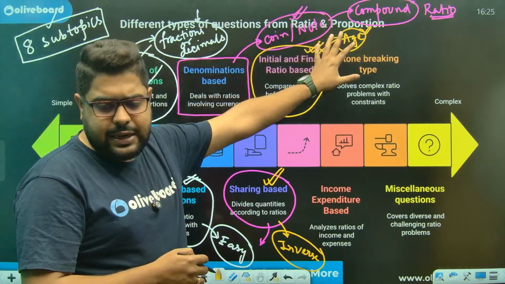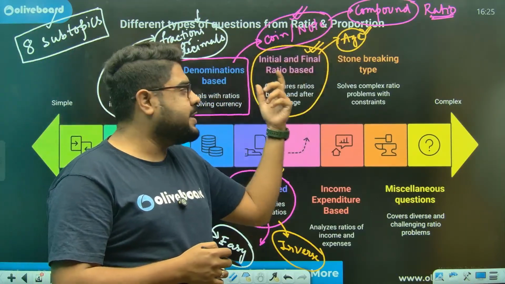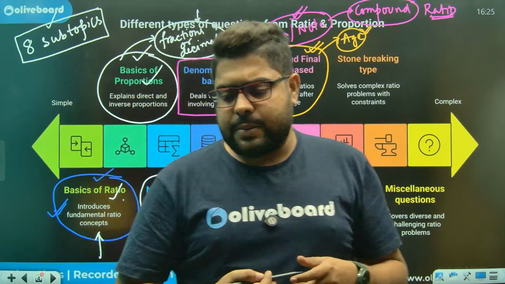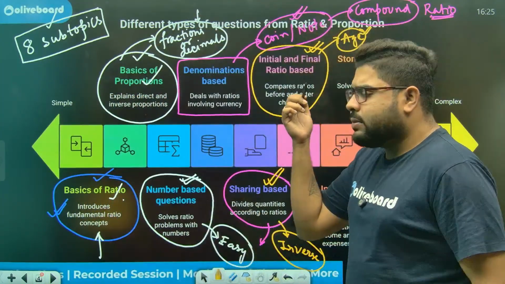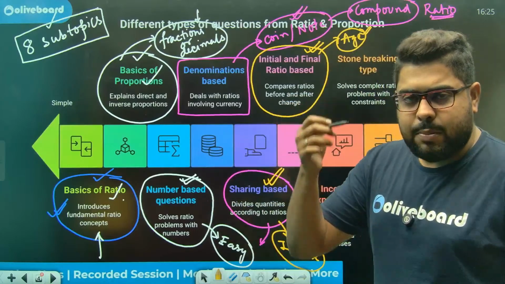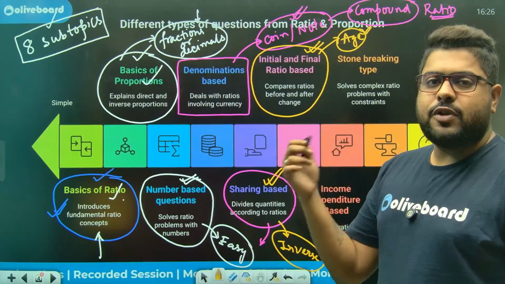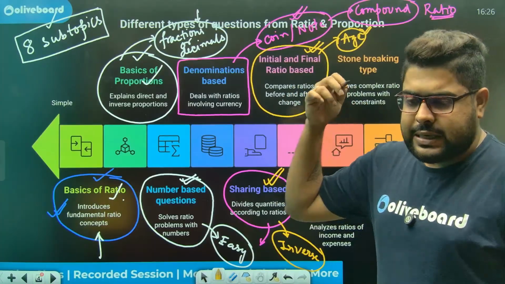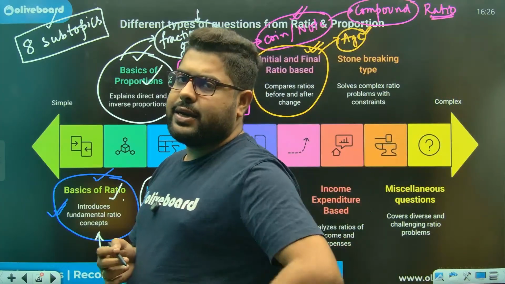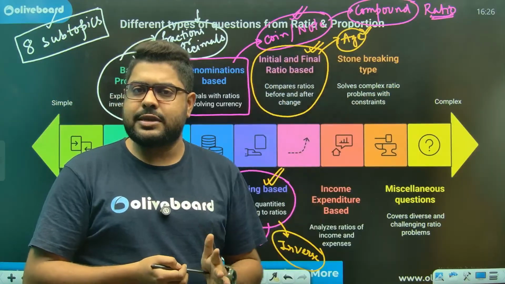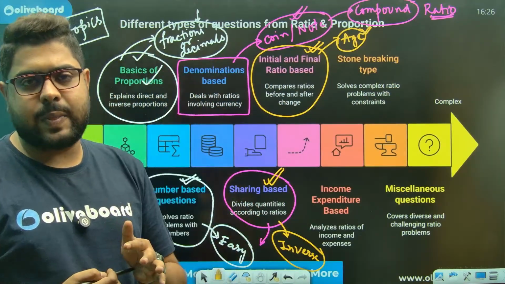Age-based questions are like this. Now some question can be framed like, in a school the number of students is this. So the ratio between the number of boys and girls is this. So 10 boys and 30 girls were added, and the ratio became this. Find the initial number of girls. As a question they can ask.